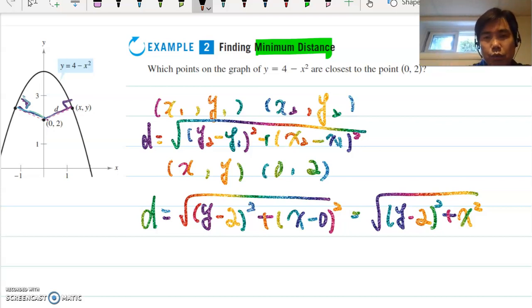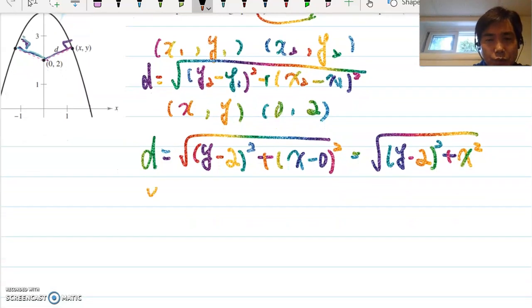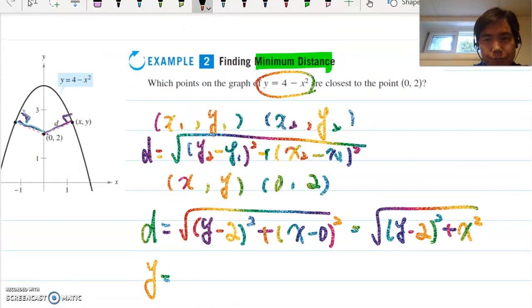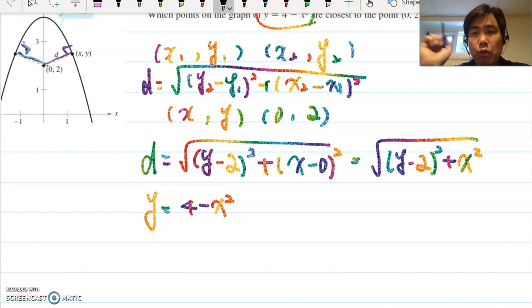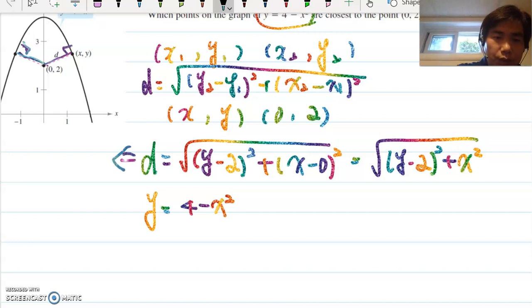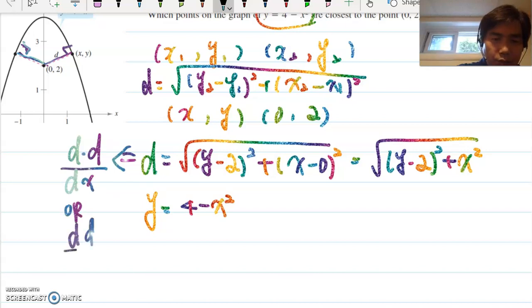Okay, then now we also have this one here. Function y equal to 4 minus x squared. Okay, so what are we looking for? We are looking for minimum distance, which means we want to find d over dx or d over dy, right?